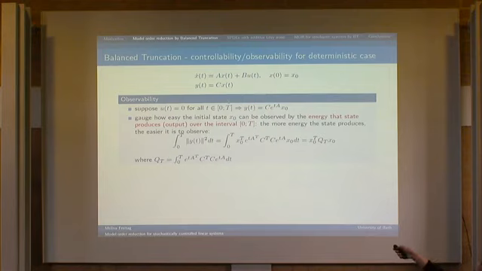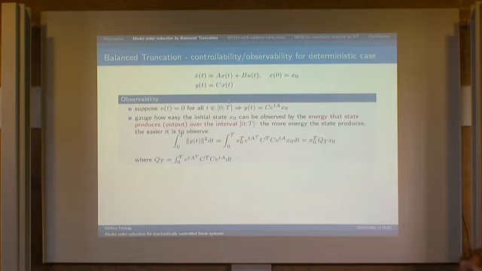So the more energy the state produces, the easier it is to observe it. That's the idea behind this. If this energy is very large, then the initial condition is easy to observe. This is why I have a linear algebra background: if x naught is in the null space or in the kernel of this matrix, which is positive semi-definite at least, then it's not easy to observe.